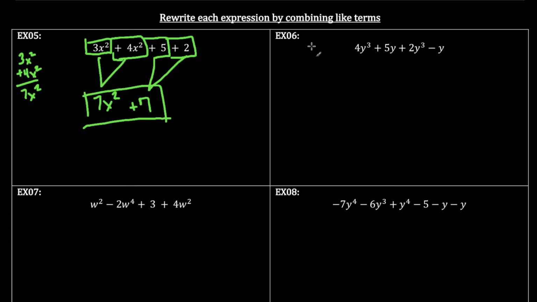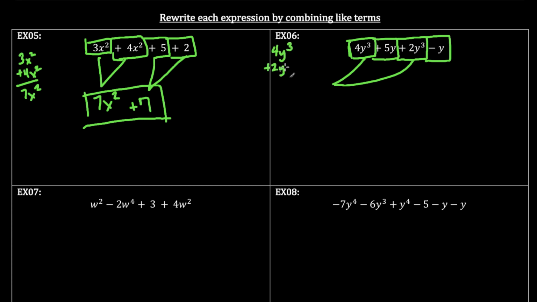So let's look at example 6. 4y to the third plus 5y plus 2y to the third minus y. So y to the third, y to the third, y. So let's look for my largest exponent, which is y to the third, y cubed, and y to the third. So I have 4y to the third plus 2y to the third.